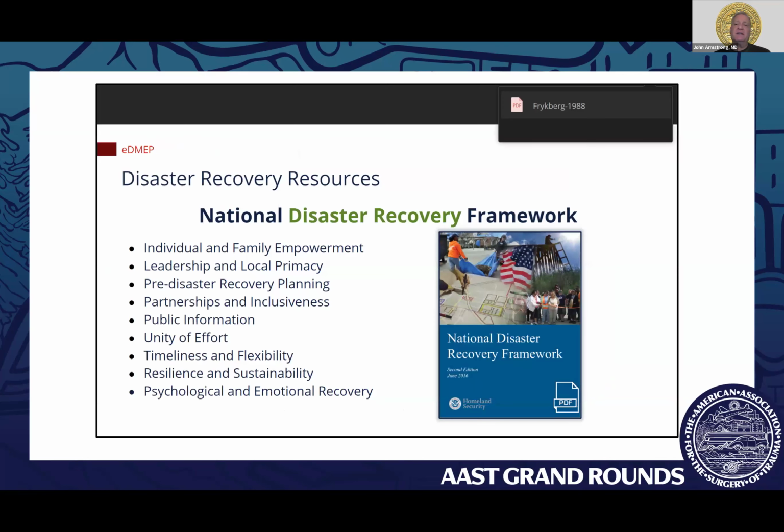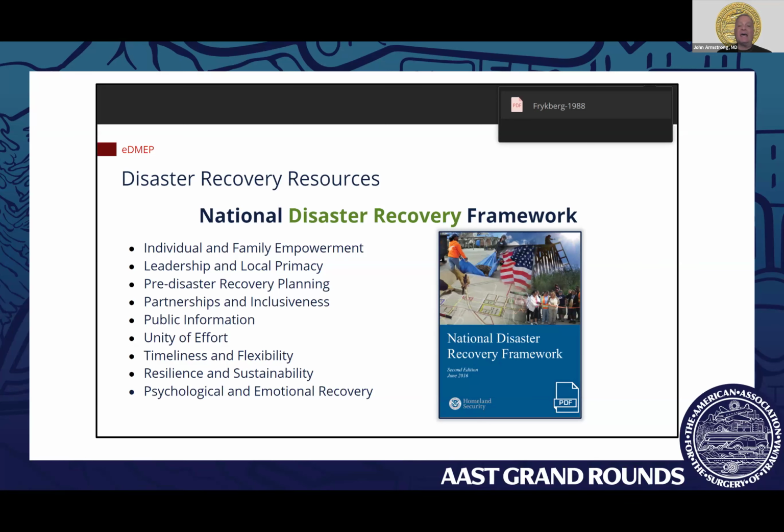And beyond the content that exists within E-DMEP and Voices of Experience, we seek to make resources accessible to learners. And so throughout the course, there are opportunities to click and access primary source material. In this particular slide, you see a discussion of the National Disaster Recovery Framework, and you can click on this cover and access that framework for more information.